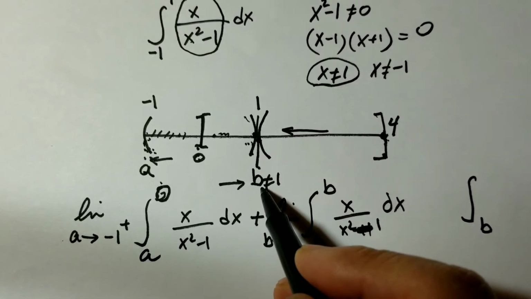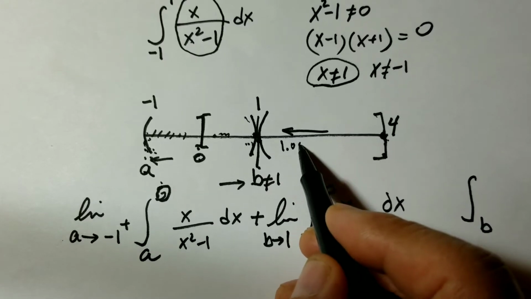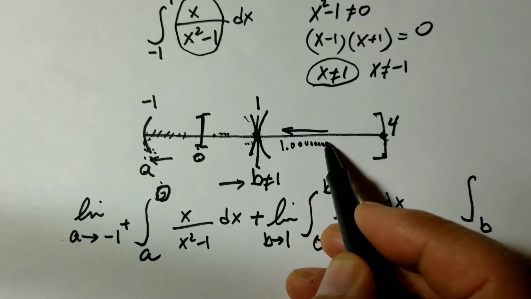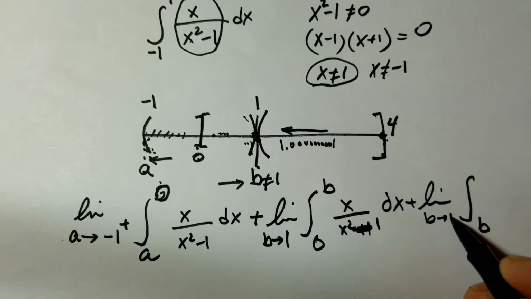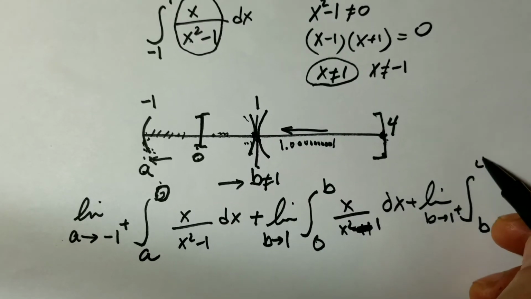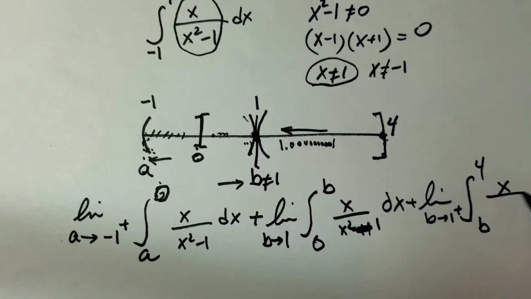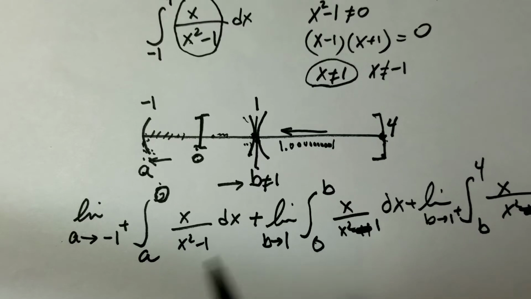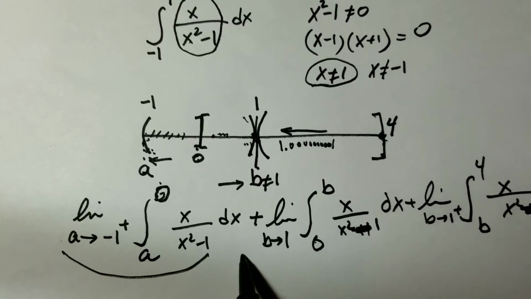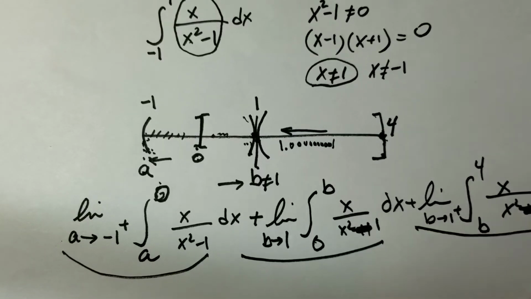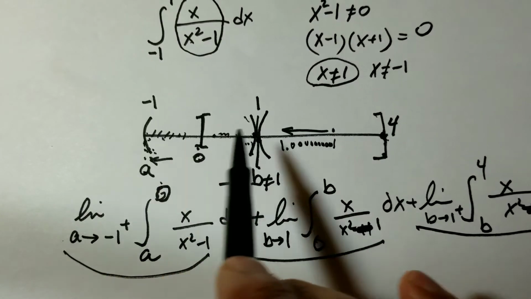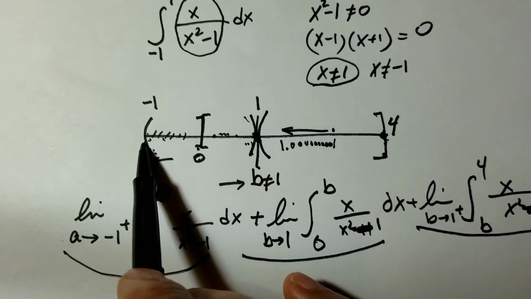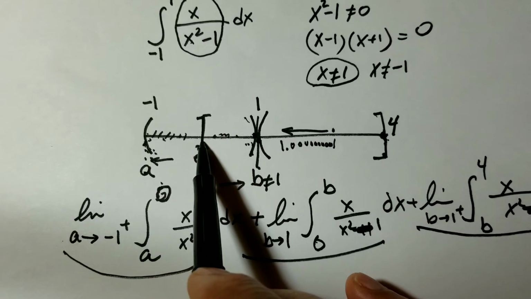It cannot be 1, but it could be 1.000000001. Therefore, I'm going to take the limit as b approaches 1 from the right. From b to 4, I'm fine with that 4. Therefore, right now, I have 1, 2, 3 for these 3 intervals. And for every one of the intervals, one end is not included, the other end is included.